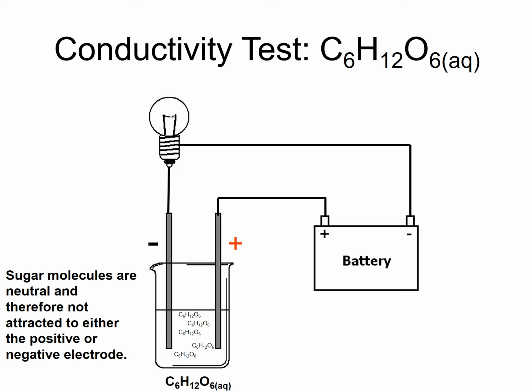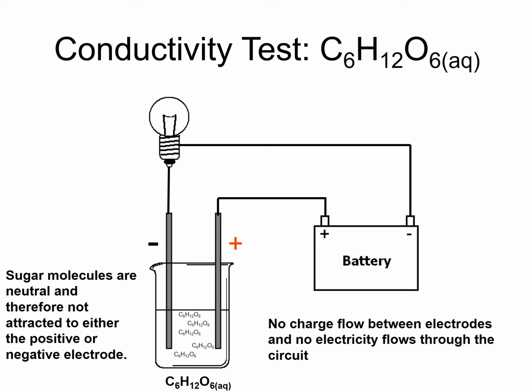As there is nothing charged in the beaker and the solute hasn't helped things at all, no charge flows between the electrodes and no electricity flows through the circuit. This is to be compared to the sodium chloride example where we were dealing with the solution that formed from the dissolving of a sodium chloride ionic salt compound where ions were produced.